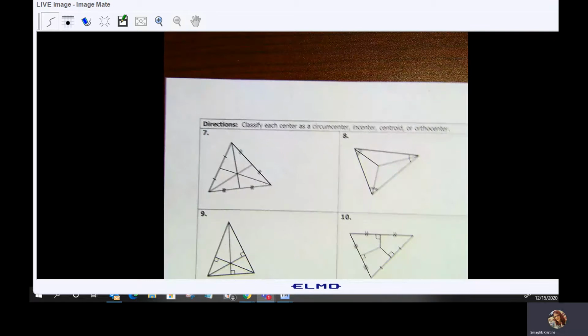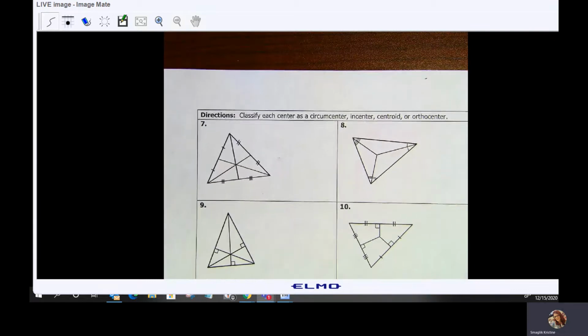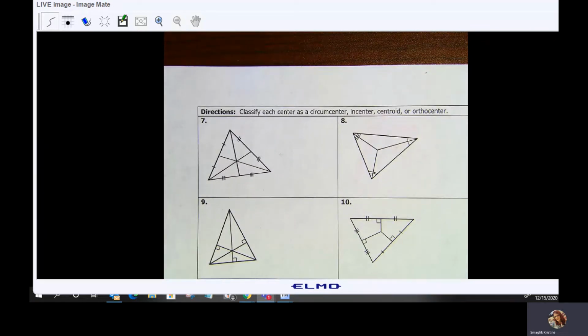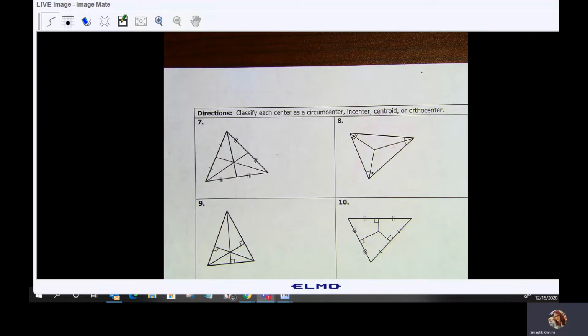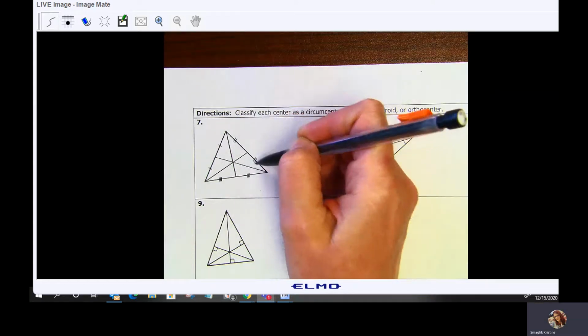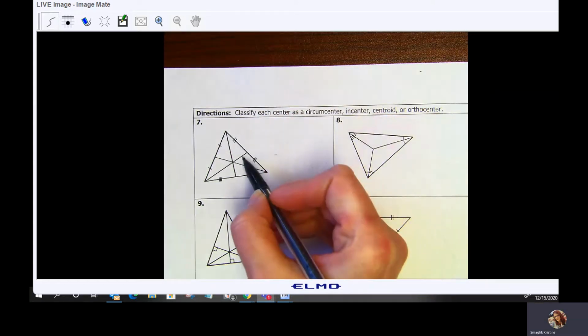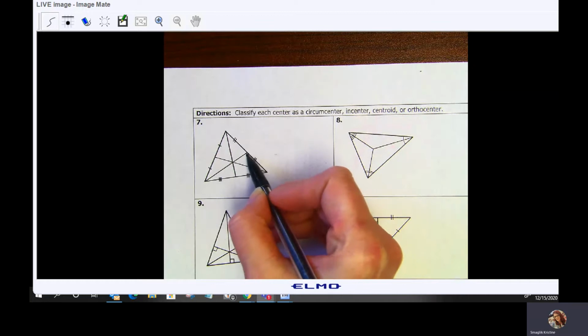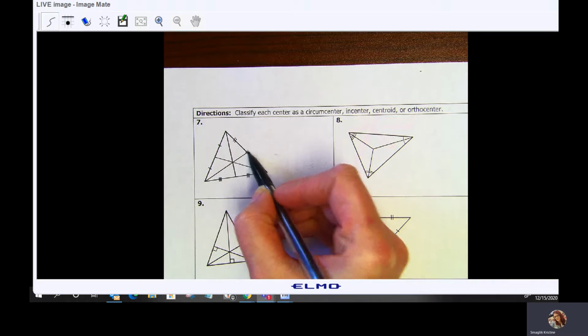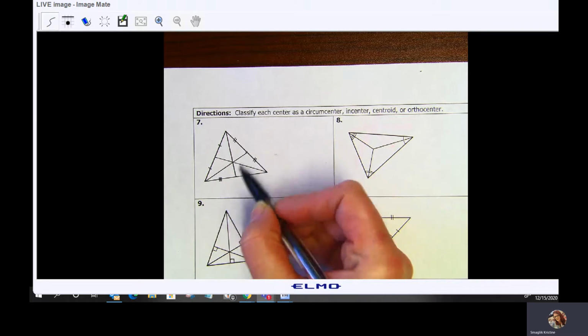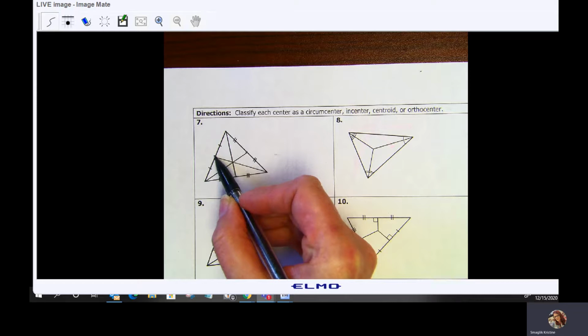We're going to classify each center as circumcenter, incenter, centroid, or orthocenter. So now here, if you compare that to what we did on our reference sheet on the other side, I can see that this point has to be a midpoint. I've got a midpoint and another midpoint.